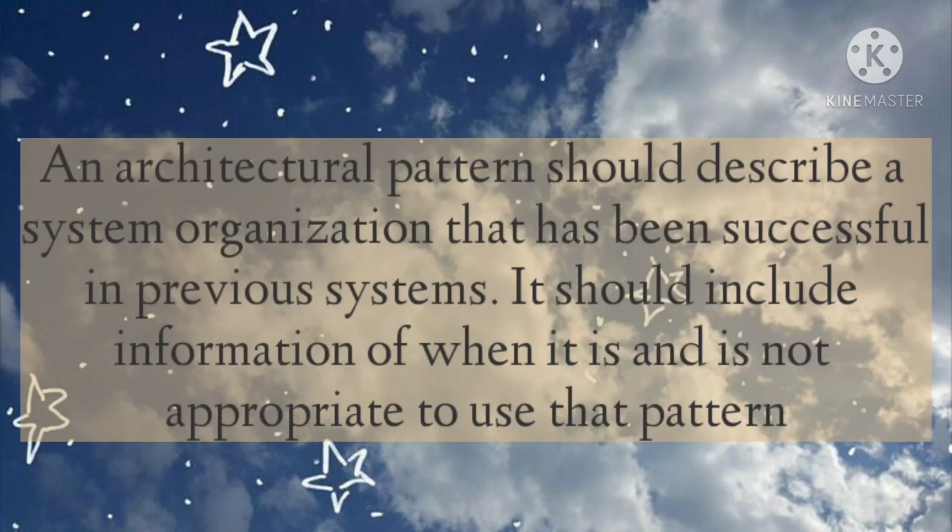An architectural pattern should describe a system organization that has been successful in previous systems. It should include information of when it is and is not appropriate to use that pattern.